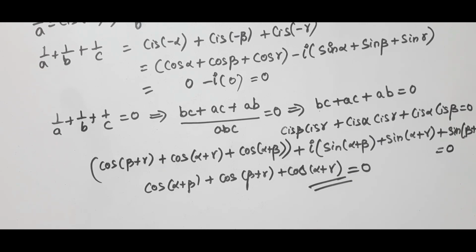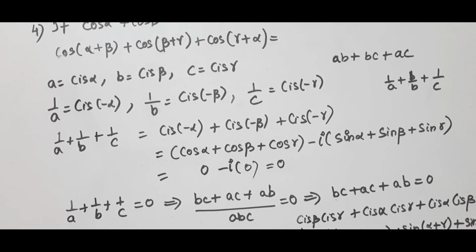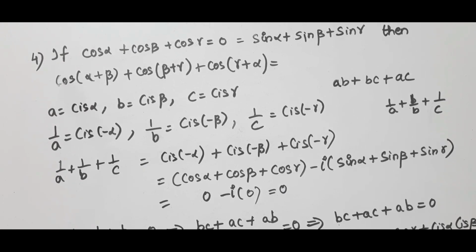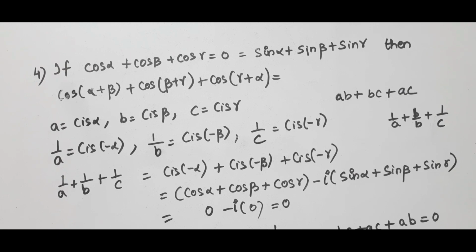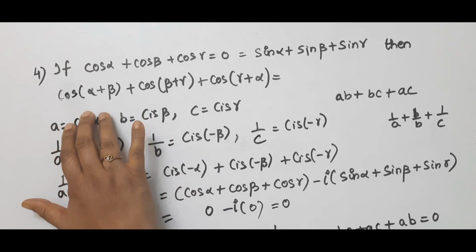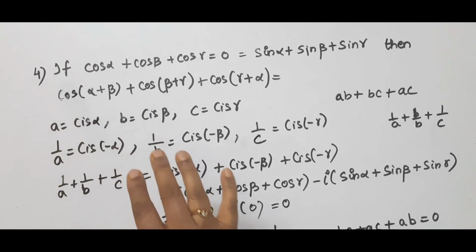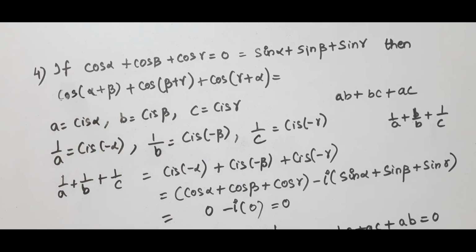So if they give this type of problem, first we have to observe how many angles are involved. Simply take those as A, B, C and proceed as we have done here. Next we have to check what they asked to find. Depending upon what they asked to find, we have to logically think and solve, and you will get the required answer.